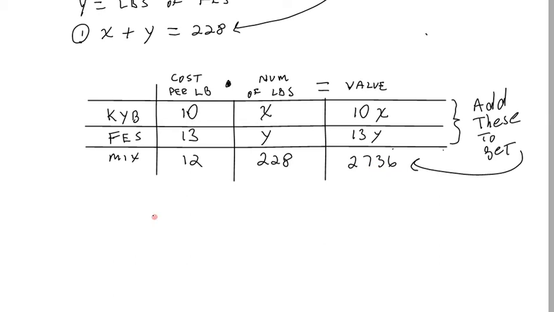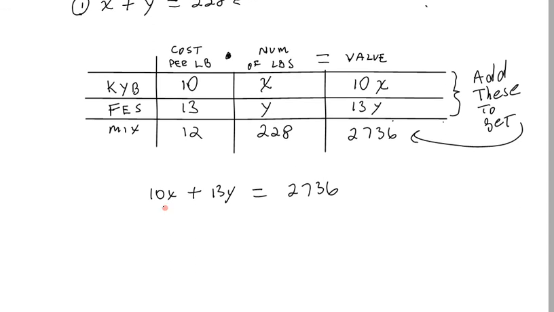So we have 10x plus 13y is equal to 2736. So that's the second equation. So the first equation, remember, was x plus y is equal to 228. Now we have a system of equations.